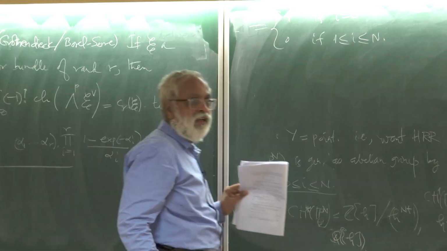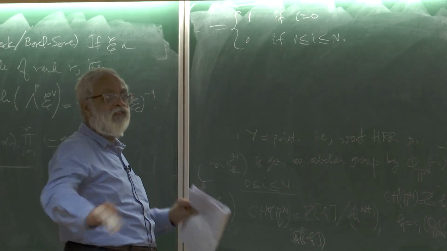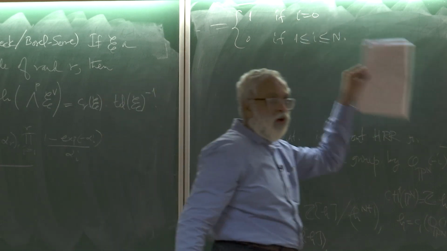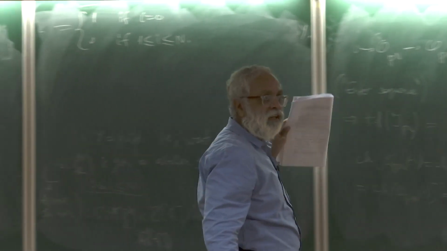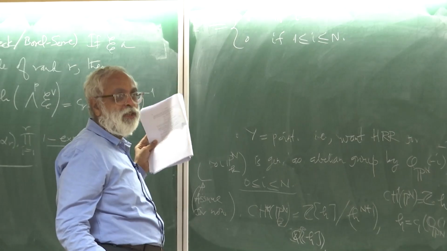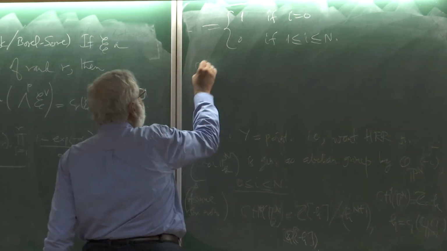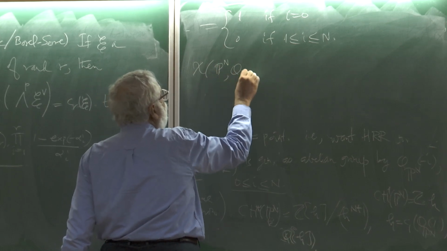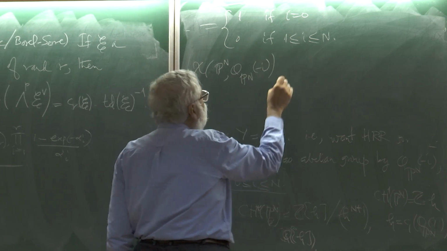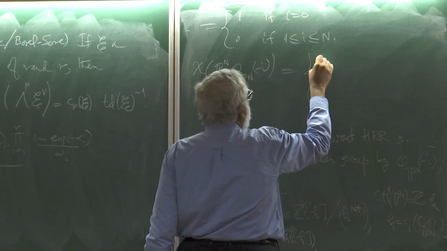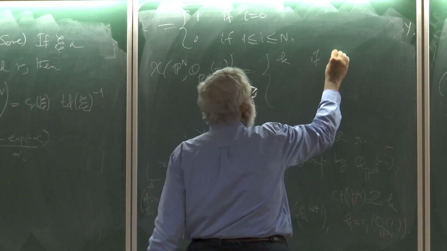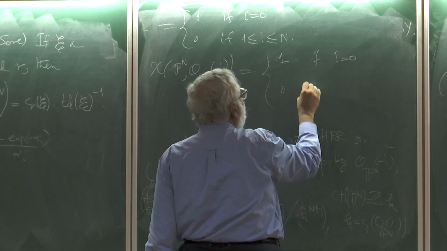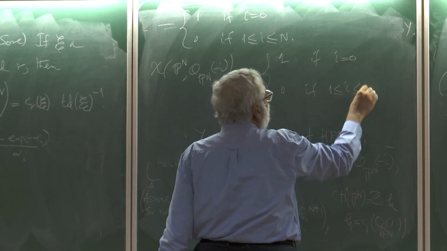Now does this agree with chi? Because Hirzebruch-Riemann-Roch is the statement that chi equals some number computed by some elaborate rule. I computed that number for all of those sheaves. Does that agree with the actual computation of chi from cohomology of projective space? It does. I claim chi of O_{P^n}(minus i) is equal to the Euler characteristic, 1 if i equals 0, and 0 if 1 is less than or equal to i, less than or equal to n.